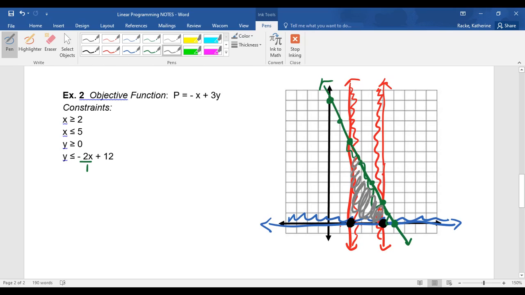Okay, it's got to stop here. So now let's identify our vertices. There's one here, one here. And okay, so that's the feasible region.